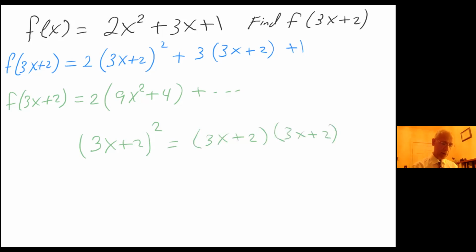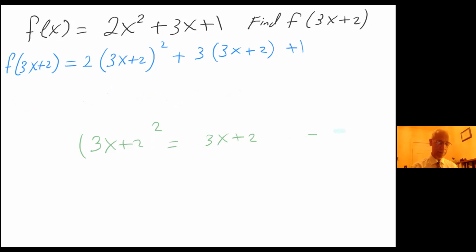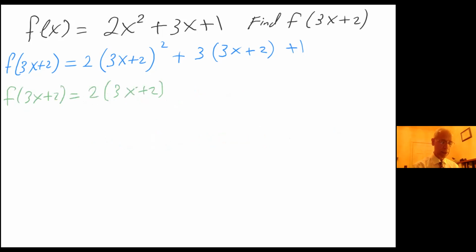So let me just clear all this and continue the correct way of doing this problem. So f of 3x plus 2 equals 2 times (3x plus 2) times (3x plus 2) plus 3 times 3x is 9x, and 3 times 2 is 6, and I have a plus 1 at the end.